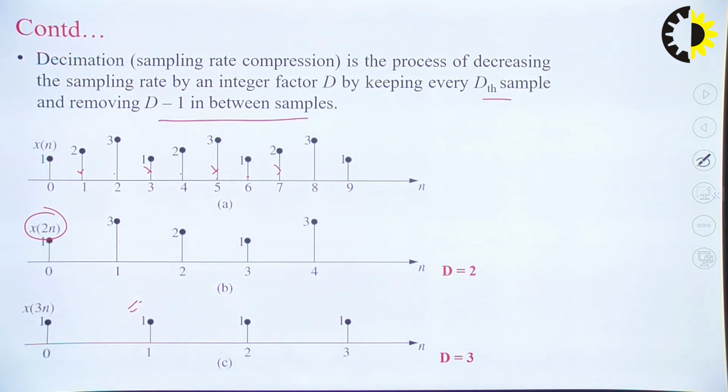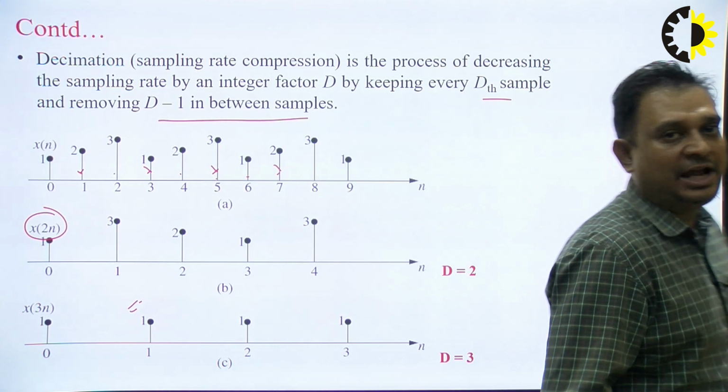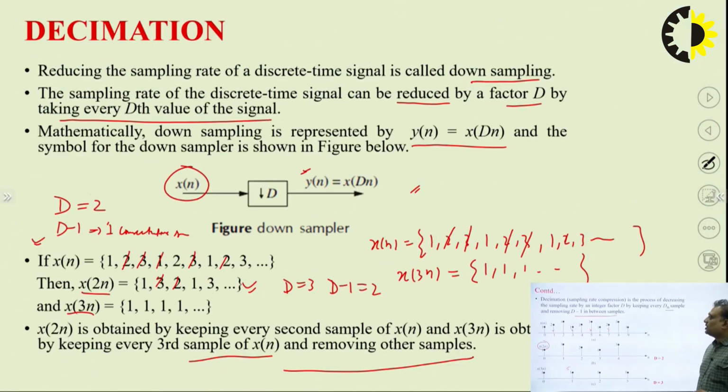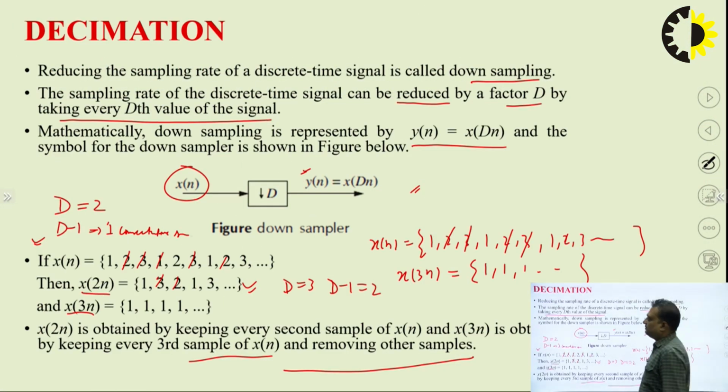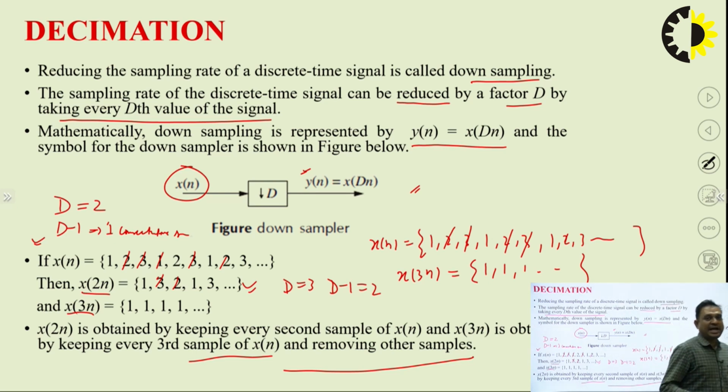Okay. So there is one difference between decimation and downsampling. Downsampling is an operation within the decimation. But what happens if we have a sequence x[n] and we directly do downsampling? In the process of downsampling, definitely data will be decreased.